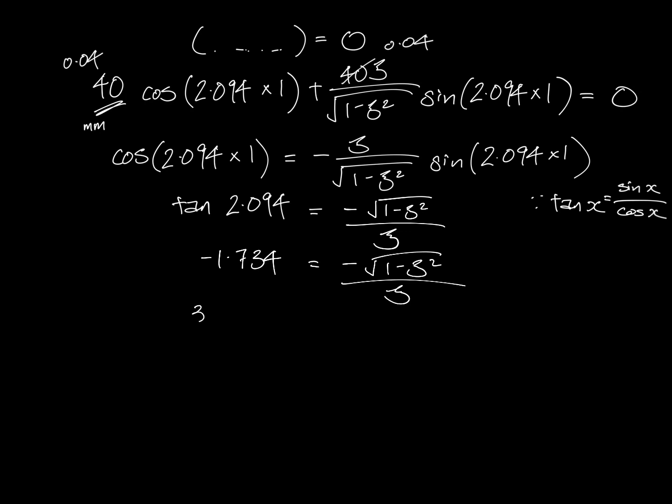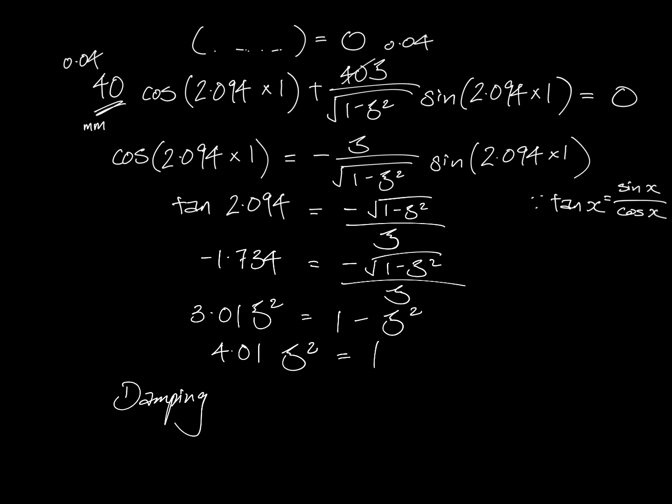So rearranging them, zeta square equals to 1, and therefore we can solve for our zeta, which is our damping ratio. Zeta will be equals to 0.499, which is approximately 0.5.